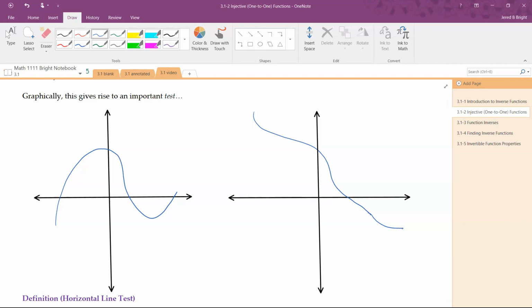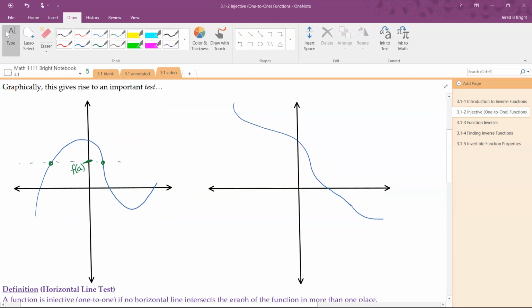But the idea here is if you look at a single y value, so let's say you look right here, and you kind of look across and you say, oh, well, I have two of the same y values, right? So let's say this is f of a, I don't know, y value, okay? And so we see that there are two different values. There's a1 over here, and then there's a2 on the left, right?